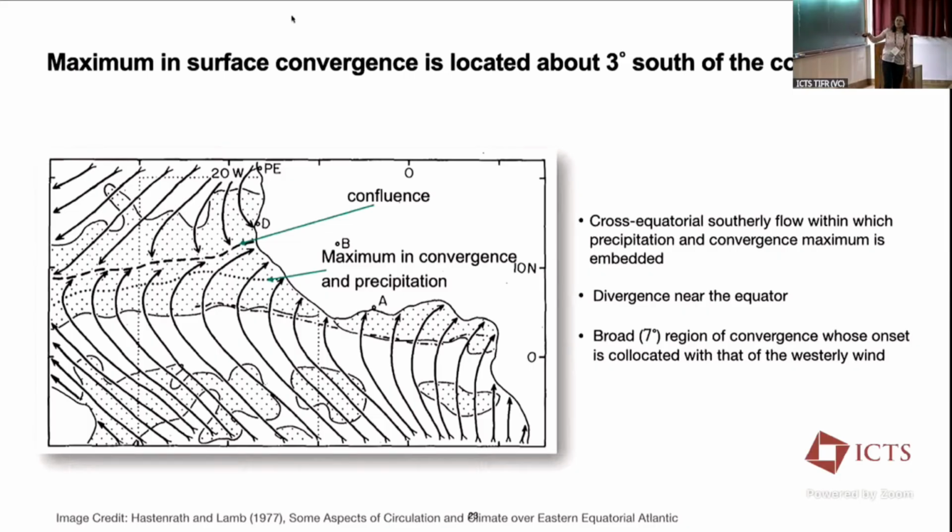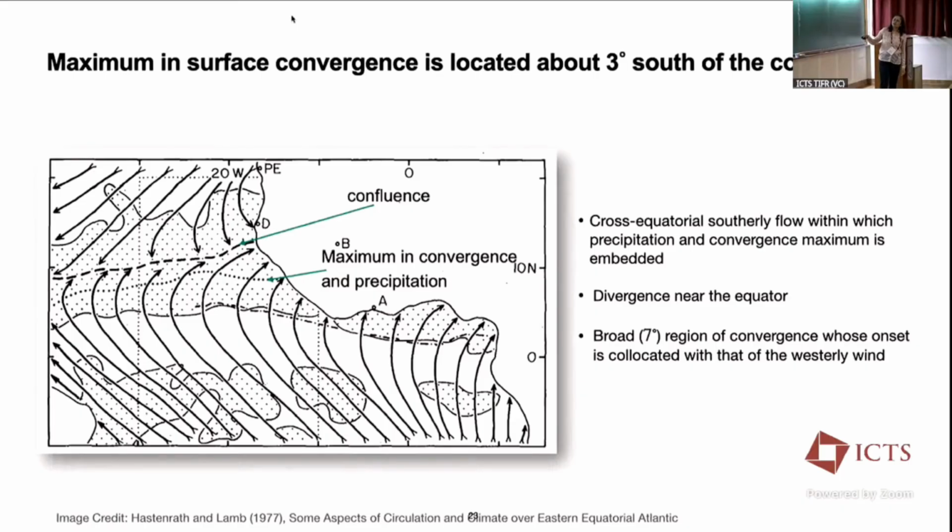Right about the point where they turn clockwise, you have this dotted region starting, which is the region of low-level convergence. So where the winds turn east is where the low-level convergence is located. As they keep turning, at some point you get a maximum in convergence and precipitation, which is given by this dotted line.